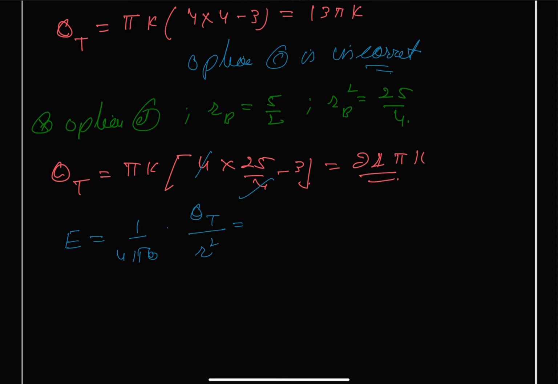So we get 1 upon 4 pi epsilon naught multiplied by 22 pi times K, and RB square is 25 upon 4. So pi goes away, 4 and 4 go away, and this comes as 22 upon 25 K upon epsilon naught.